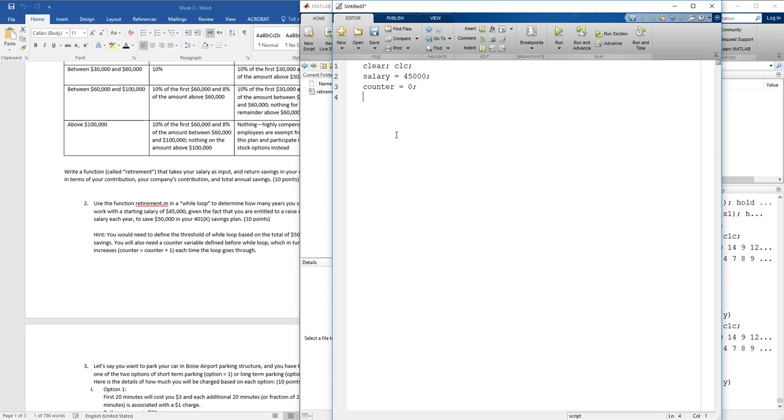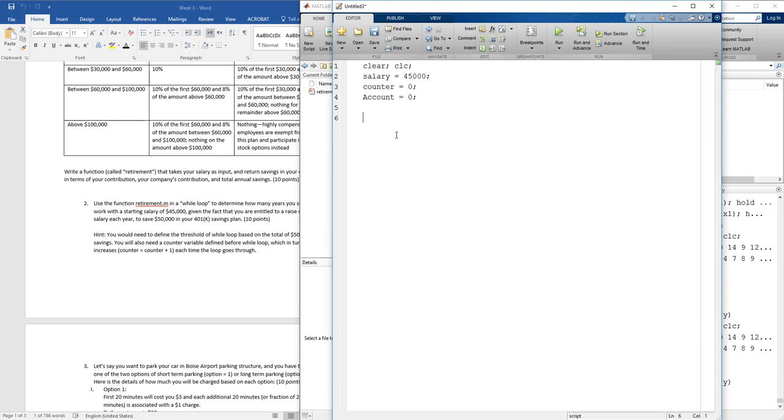And then what also is important is the function, what it gives you: how much of the salary of each year you would save, right? So you need to add that saving to an account. So let's call the variable account and set it as 0 because you haven't worked yet, you don't have any saving. So we set account at 0.